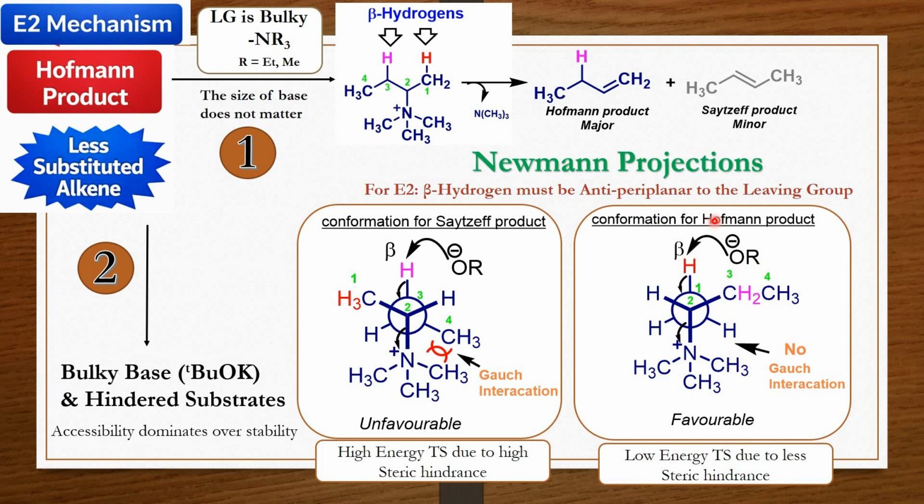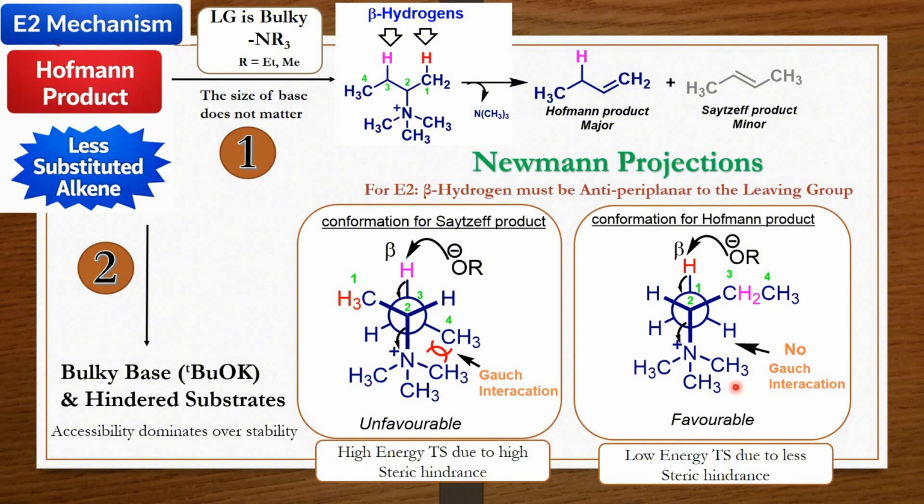Now look at this. In this conformation, which is for the Hofmann product, in which you want to abstract the proton from carbon number 1, the hydrogen is close to this bulky group. So there is no gauche interaction. Therefore, this transition state has low energy, and hence this is the favorable transition state, due to which in this case you are getting the Hofmann product as a major product.